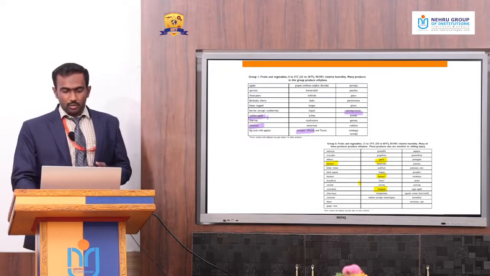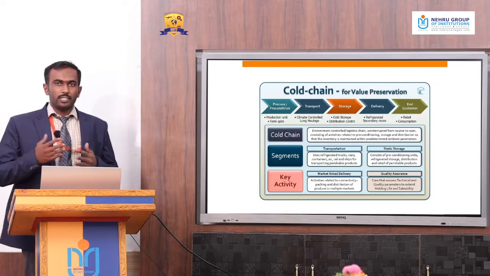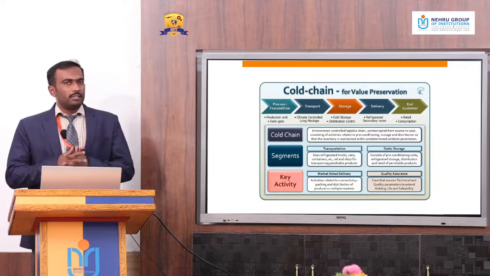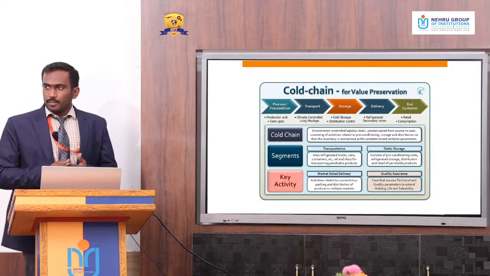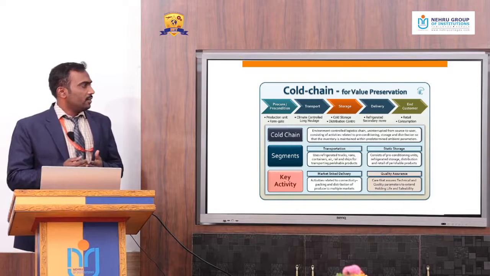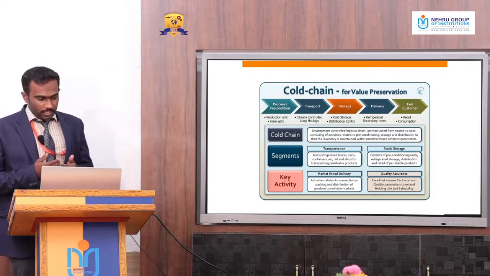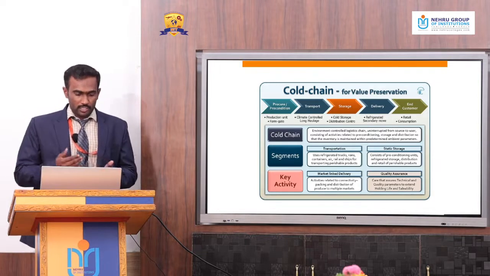Coming back to the cold chain definition, what does the cold chain actually define? The cold chain is an environmentally controlled logistic chain through which we uninterruptedly supply the food commodity from the farm end to the users.